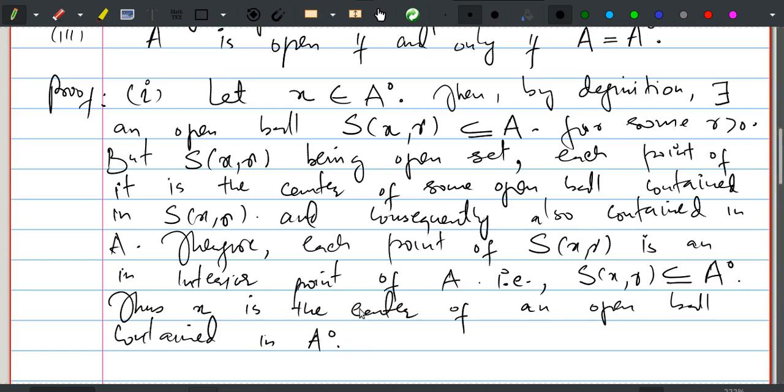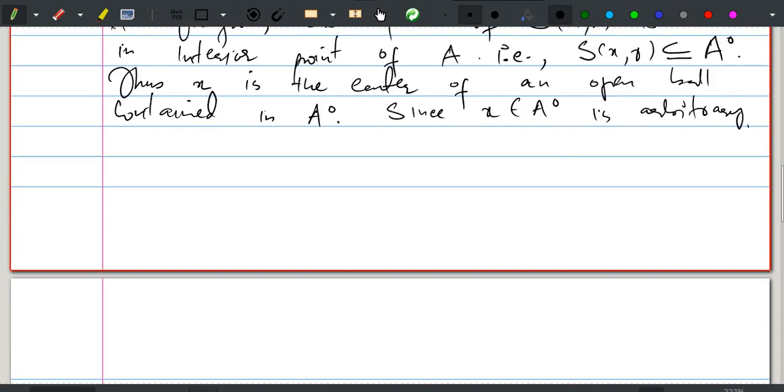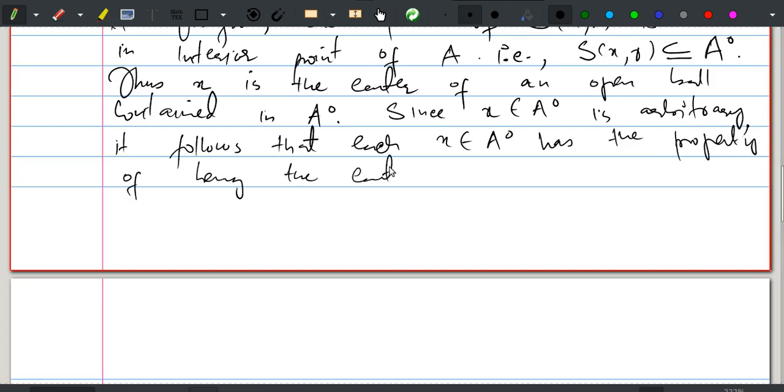Now since x belonging to A interior is arbitrary, it follows that each x belonging to A interior has the property of being the center of an open ball contained in A interior.